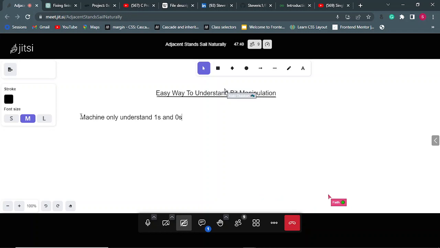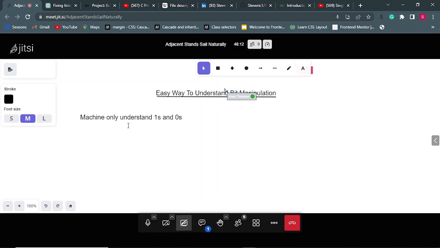Now, if you are writing a program, the way I will be writing our if else statement, our array, all those things, those are in a higher language. That's why we call them higher language, because we are writing them in our own human readable format, the way we human beings understand.